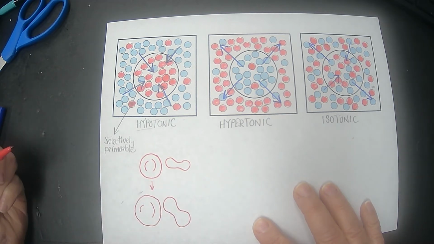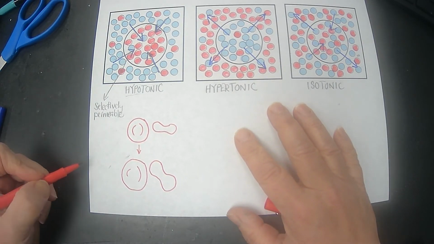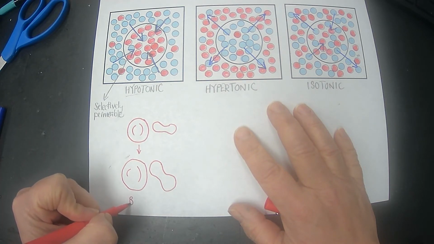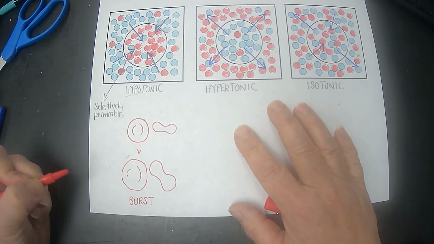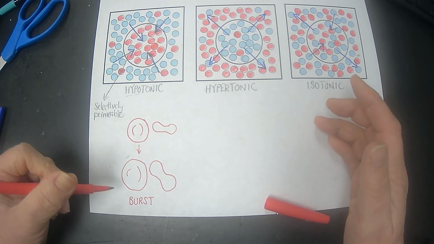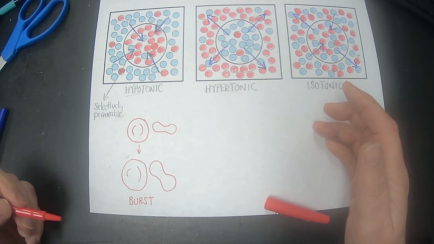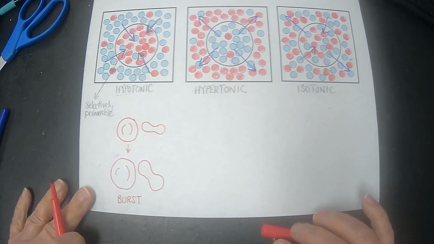And what will ultimately happen, like when you blow a balloon up and you keep blowing and you keep blowing and you keep blowing, that cell will burst. Okay? So the last thing you want is to be dehydrated and have a hypotonic, like pure water put into your blood, because that will make your cells swell up and they could burst.